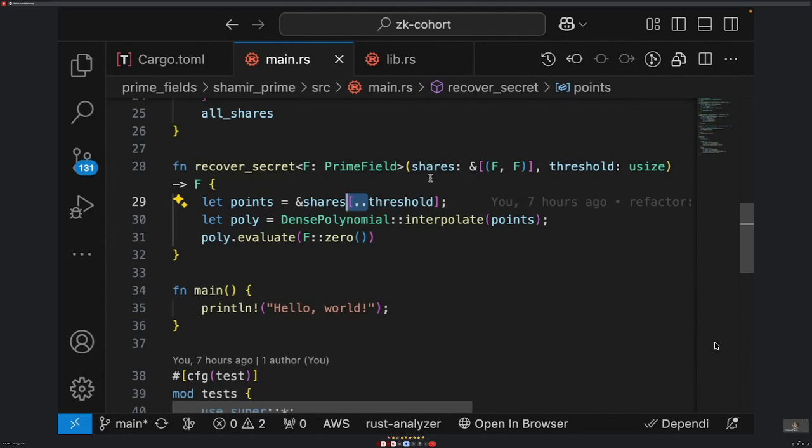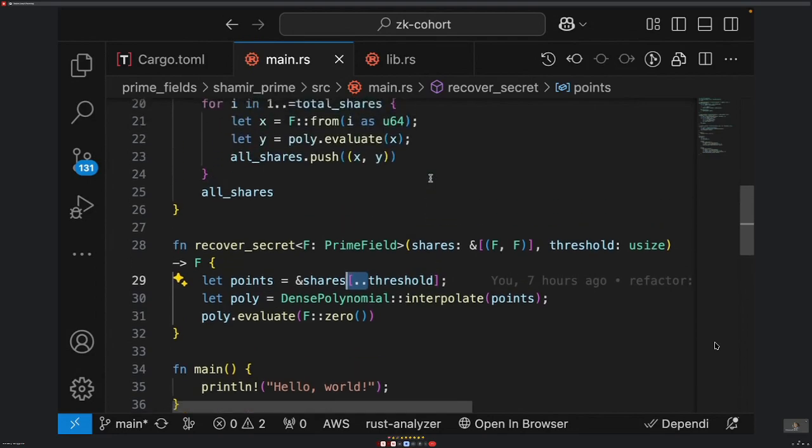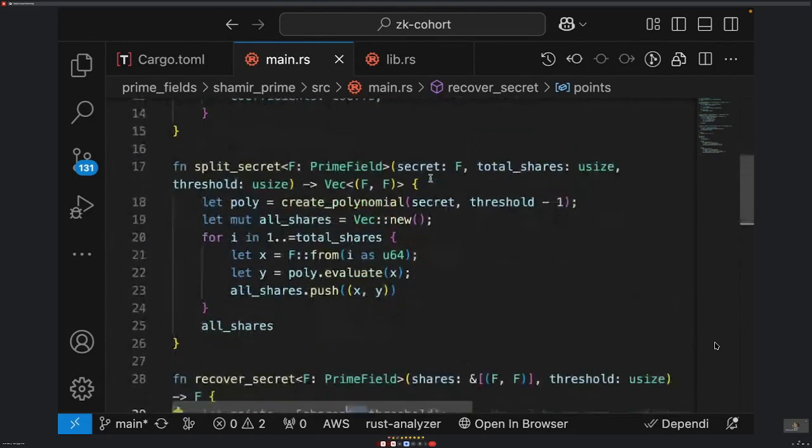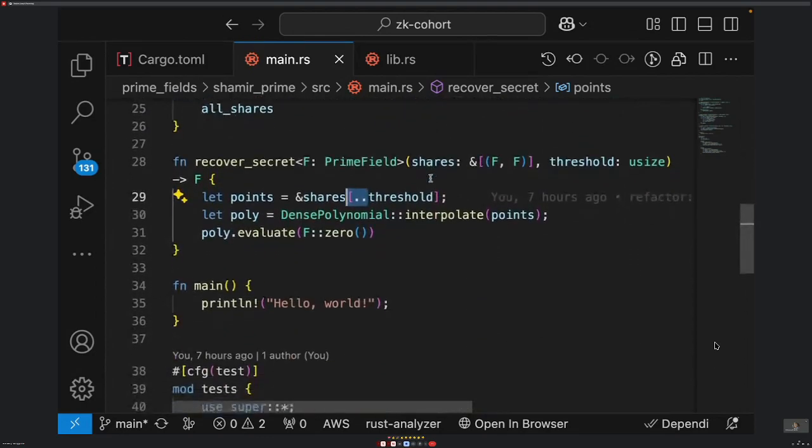I was thinking, if the array is like this, you know that the shares are just points, so I can have 1, 2, 3, 4, that's the number of points that I'm going to put. This is recover secret. You know that I'm going to have to evaluate at point 0.